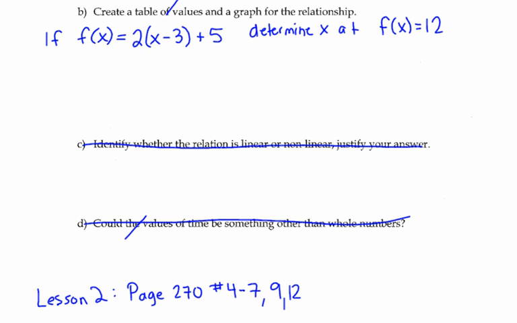If f of x equals 2 times x minus 3 plus 5, determine x at f of x equals 12. Determine x.